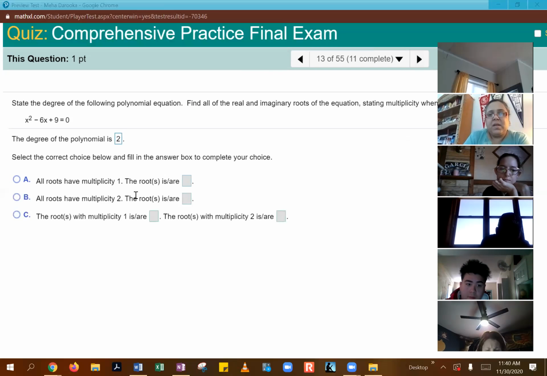When you factor this, what kind of factors do you get? X squared minus 6x plus 9. X minus 3, yeah. And what kind of multiplicity would your root have over here?